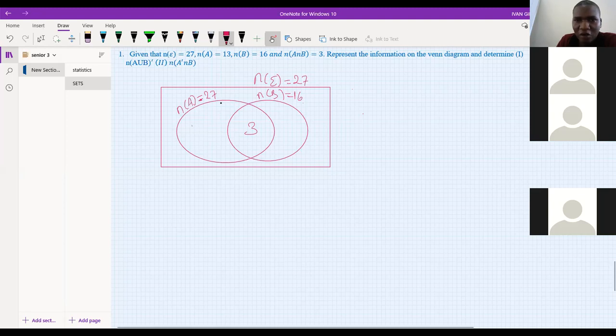We have the whole A has 27. The intersection takes 3. How many will be here? 24. Of course, 27 minus 3 gives us 24.